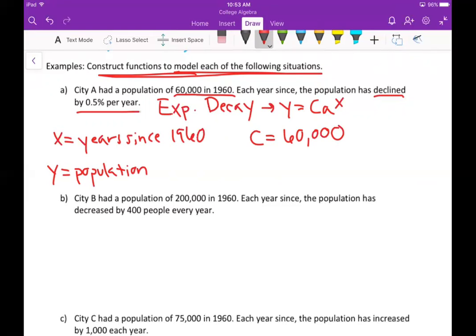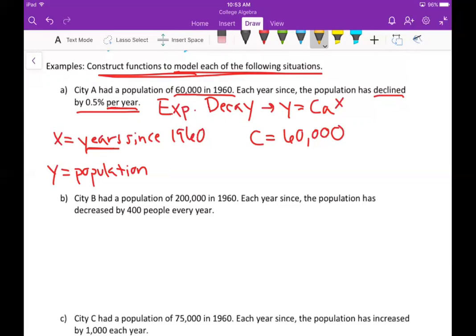Now, this rate is per year, so I will have single years as my input variable. I don't have to worry about changing that from a certain time period, because that decay is given to me in single years. So be careful here: you're given the decay rate, so we've got to use that to find a.